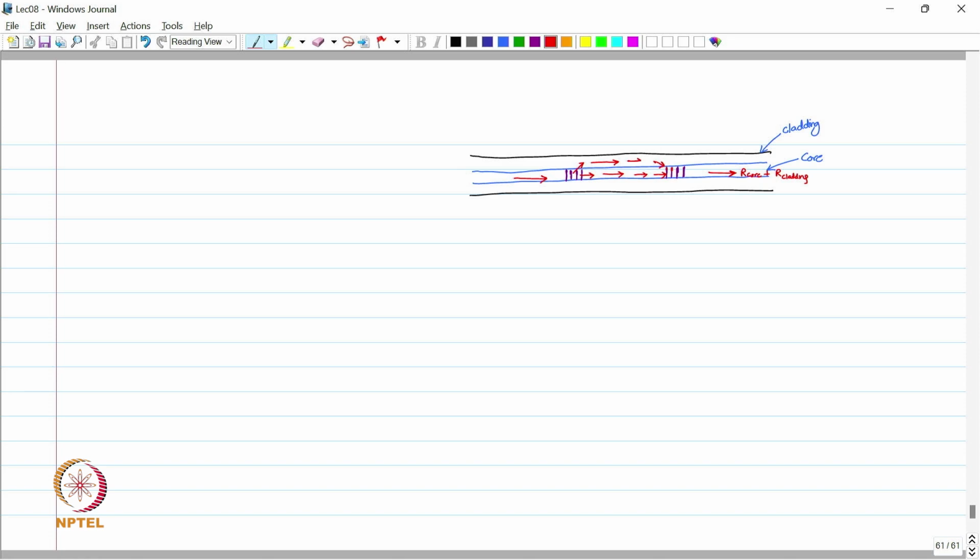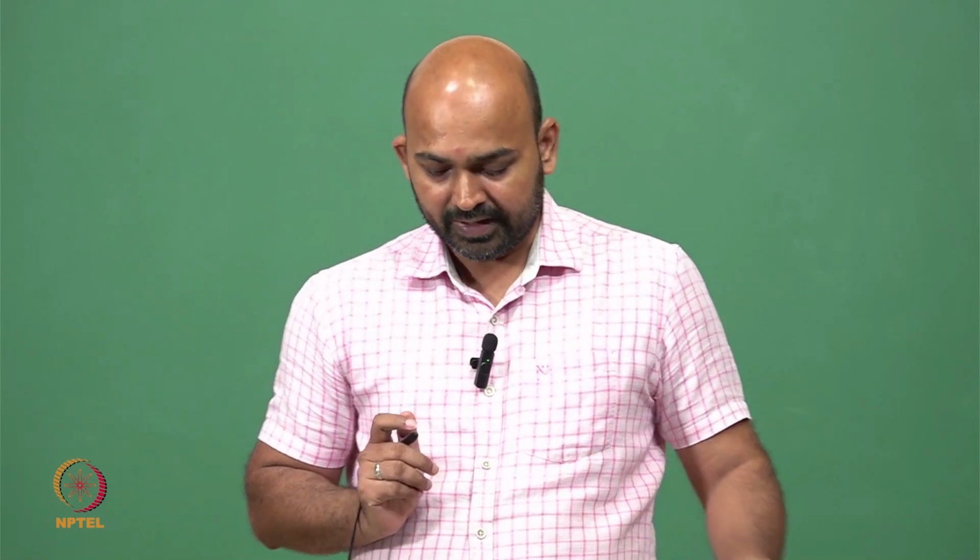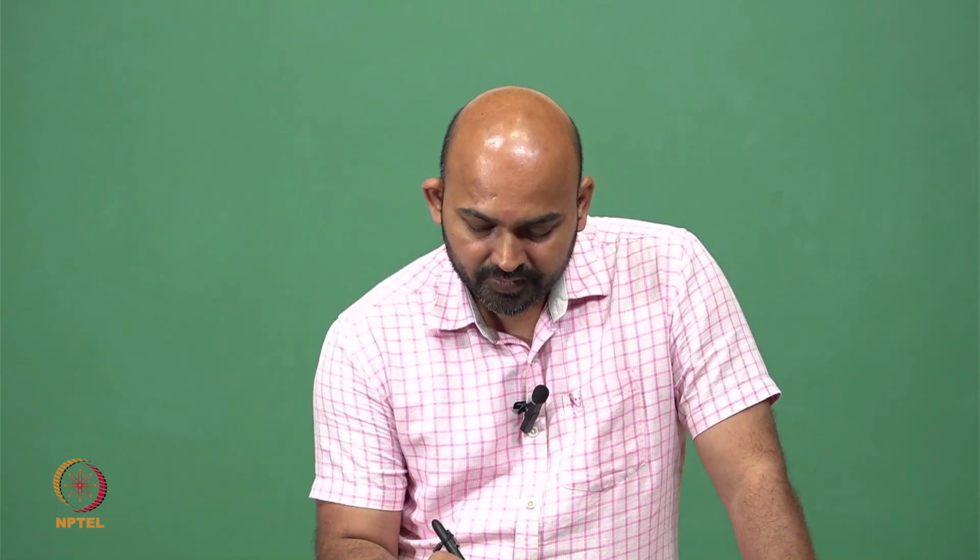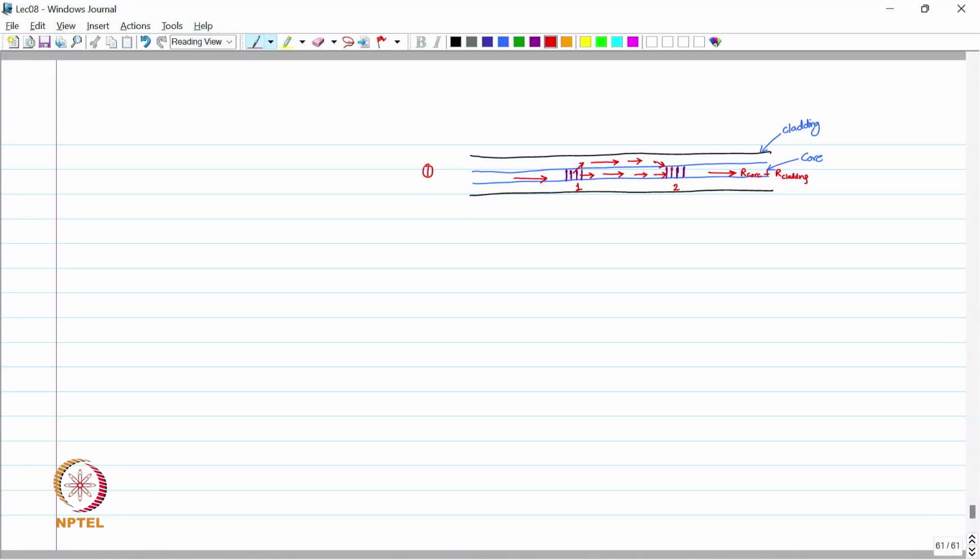So some part of this optical wave was traveling in the cladding, and that will also be recombined at interface 2, and interface 1 is splitting this wave into core and cladding. So this is one way of making interference.